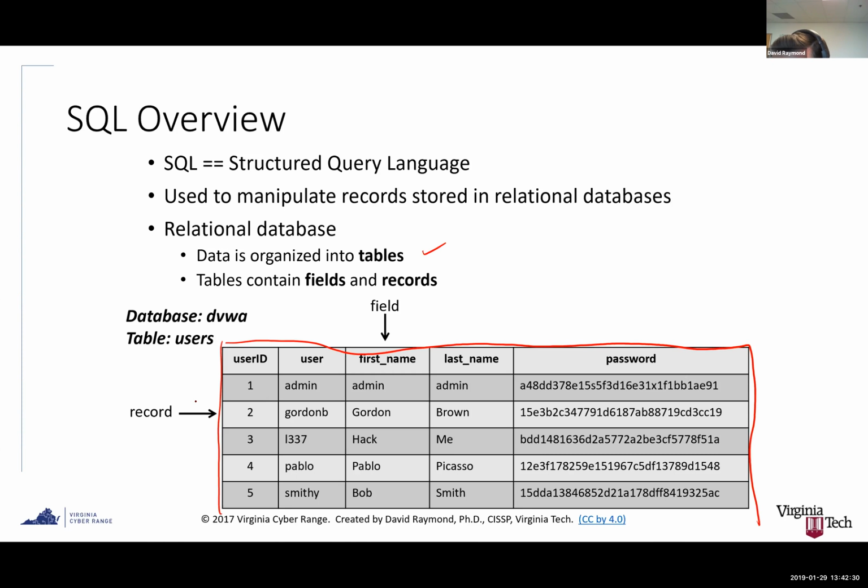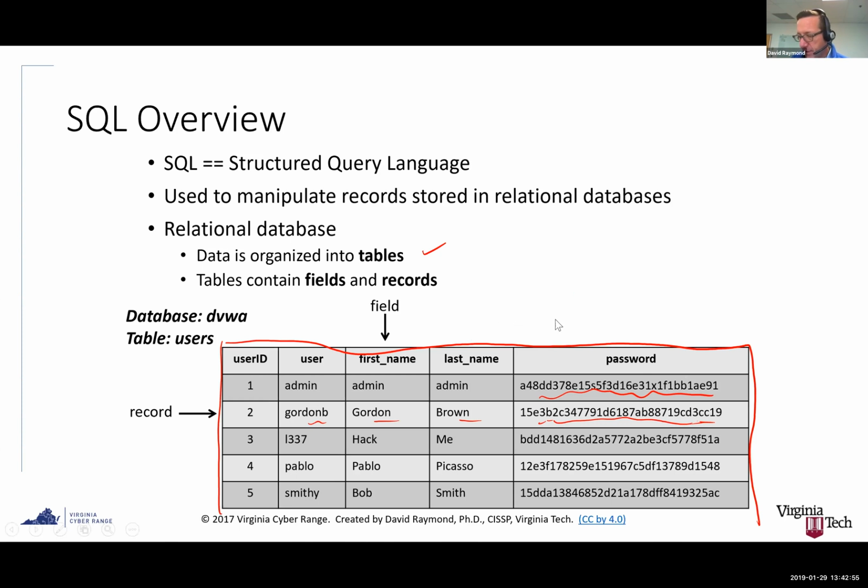record. So record number 1 is the user admin, the first name is admin, the last name is admin, and then there's this password. And then user ID 2 is Gordon B, Gordon Brown, and then here's a password. I don't know if maybe it's supposed to be a hashed password.